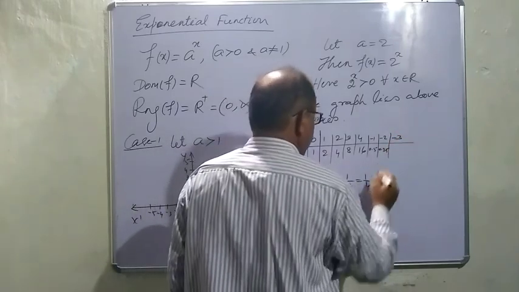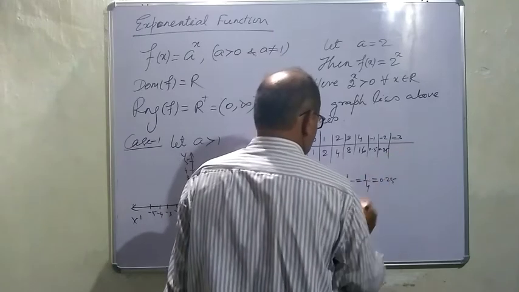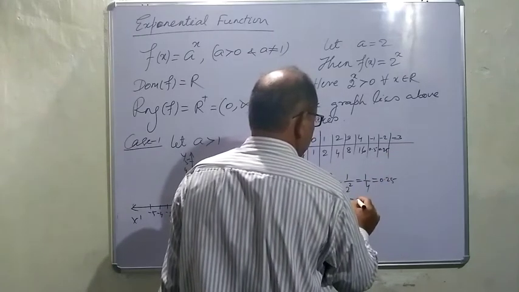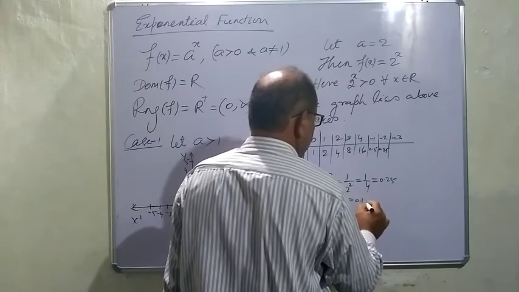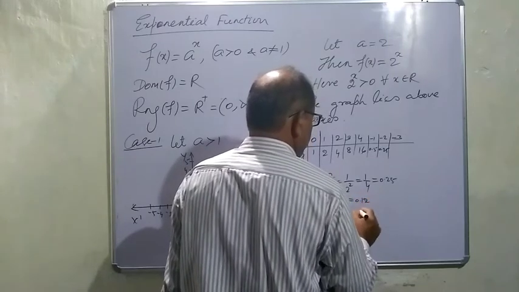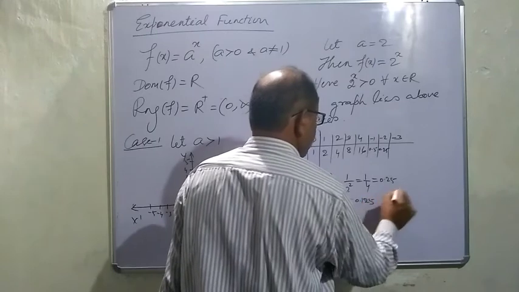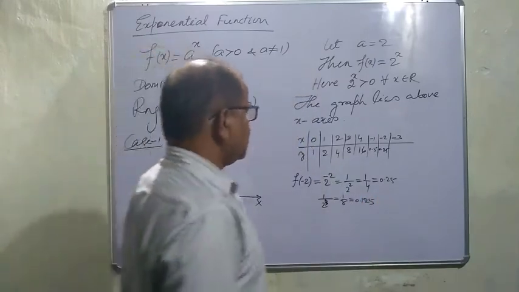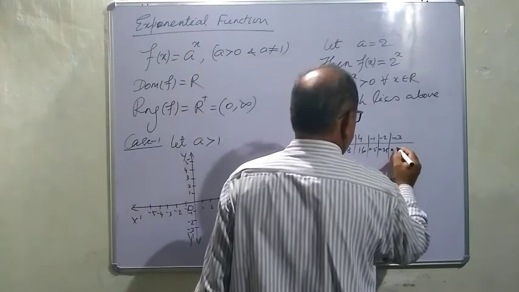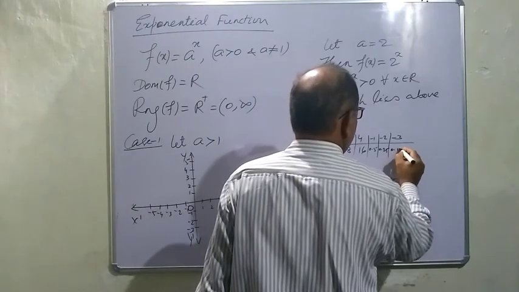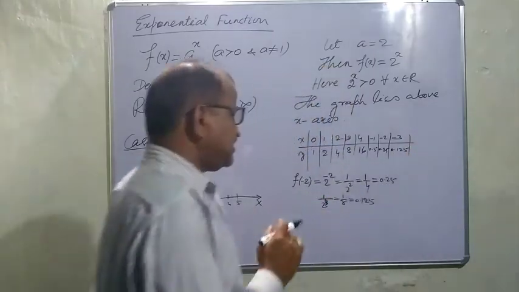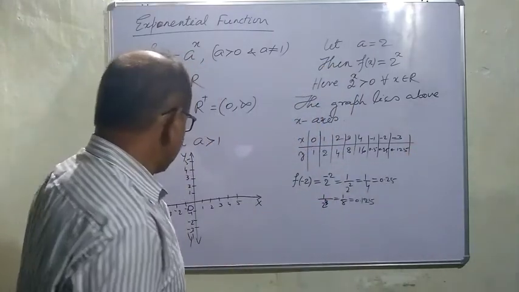If you take 3, it is 1 by 8. 1 by 8 means 0.125, like this. That means its value is decreasing, right?